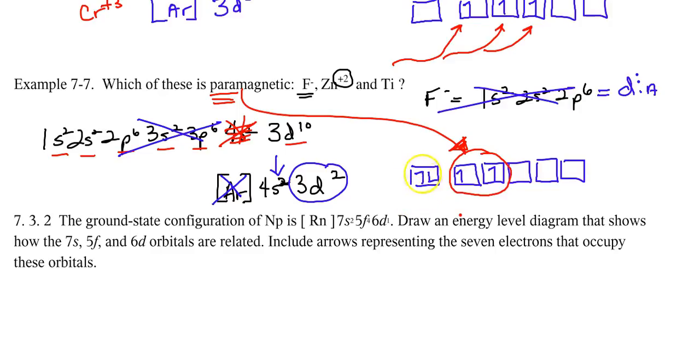These electrons, their spins are canceled. Okay? Easy to make this mistake if you don't assume something called Hund's rule, as we talked about. Electrons in the same degenerate orbital occupying what? Occupying a different orbital, the same energy level, or a different orbital of the same sublevel. I can do this. Okay.